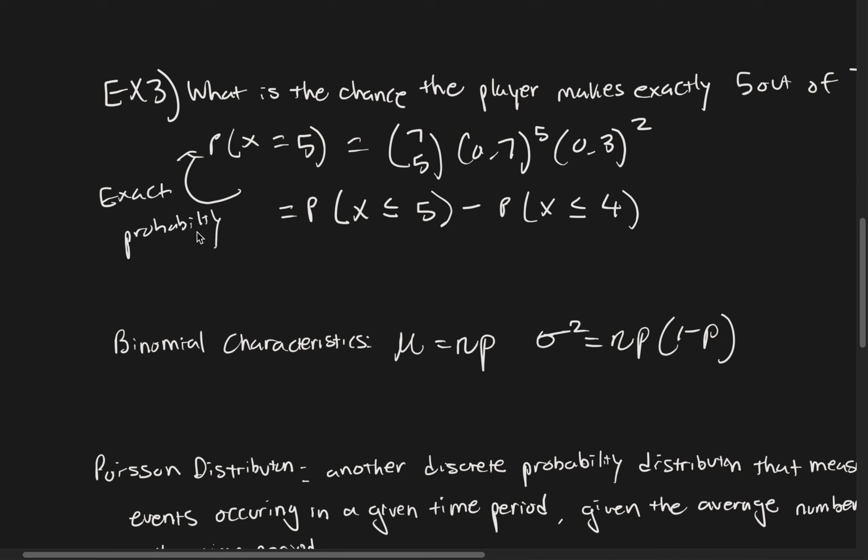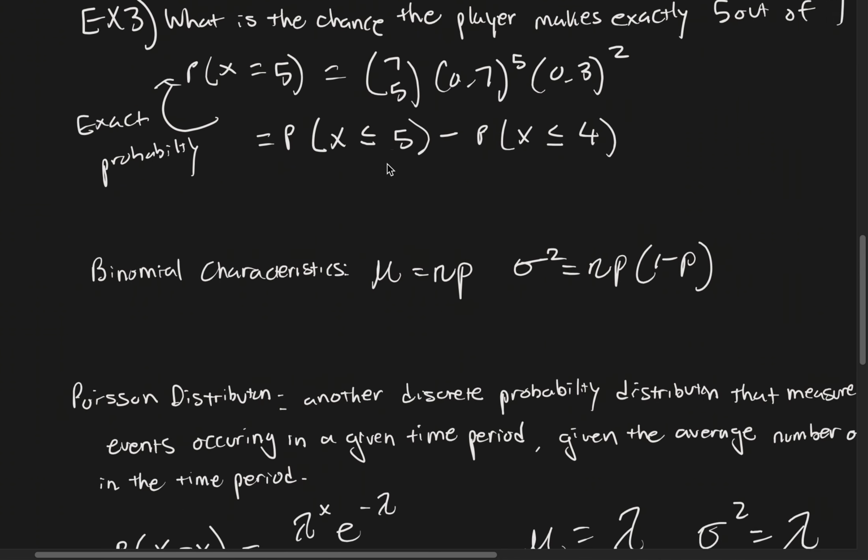So for the cumulative distribution function, you can just subtract this from this. They should be right above and below each other. So 0.671 minus 0.353 equals 0.318.